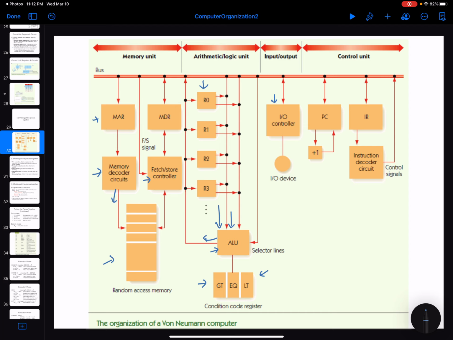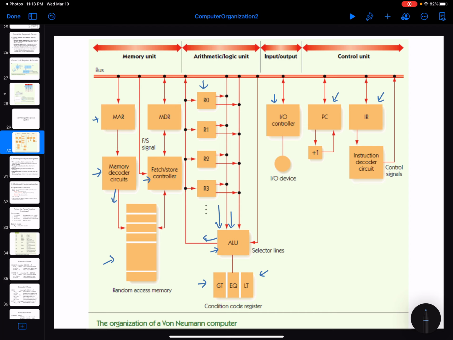We had the control unit, which has a register to keep the program counter, the address of the next instruction to be executed, and a register to keep the instruction. Whenever the instruction has been copied from the memory, it is copied into the IR.